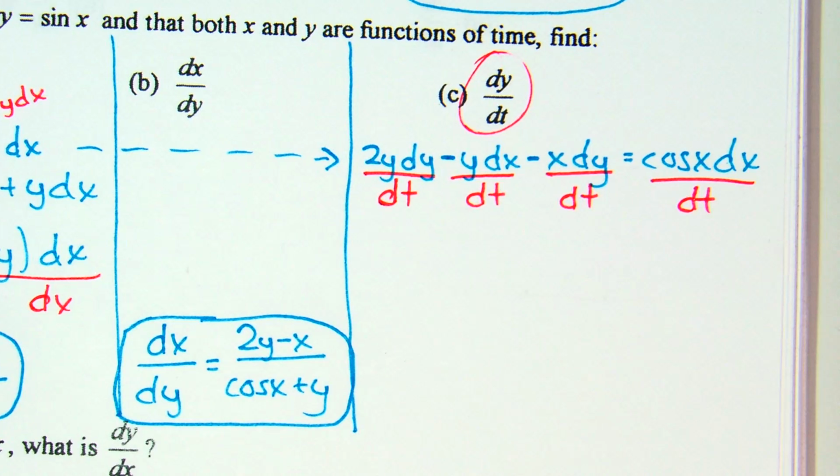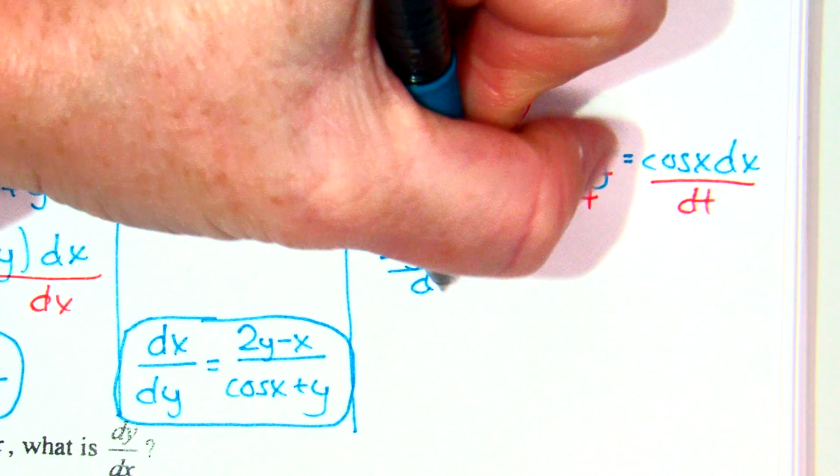Okay, so now my job is to solve for dy dt. So this time, I want all my dy dt's on the left. All my dx dt's are going to move to the right. So I'm going to keep 2y dy dt, and I'm going to keep the minus x dy dt.